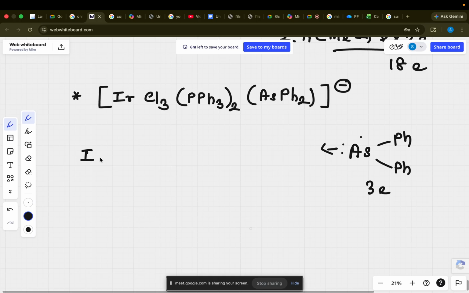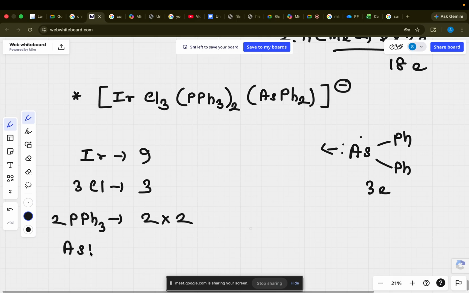So iridium will donate how many electrons? 9. 3 Cl will donate how many electrons? 3 electrons. PPh3 will donate how many electrons? 2 electrons. You have 2 PPh3, so it will be 2 into 2. And next you have AsPH2, it is donating 3 electrons, and you have one negative charge.